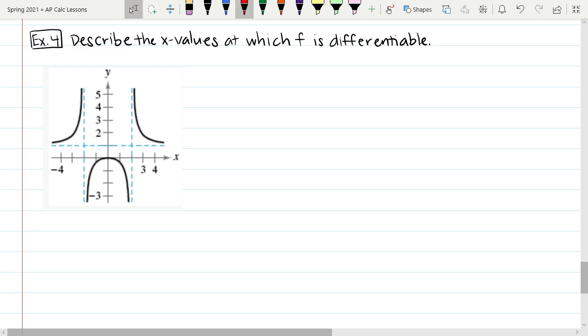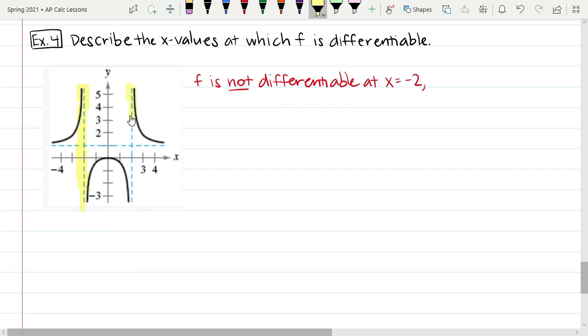Well, clearly on this graph, we've got a discontinuity at -2. So we know this function is not differentiable at x equals -2 because we have a discontinuity there.